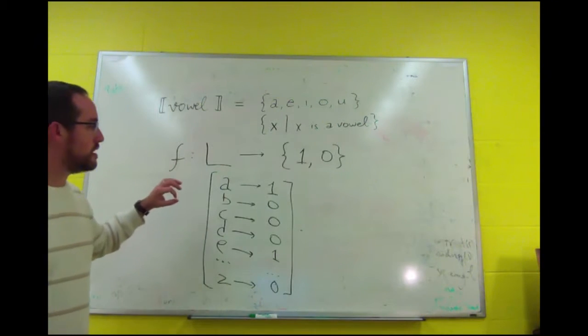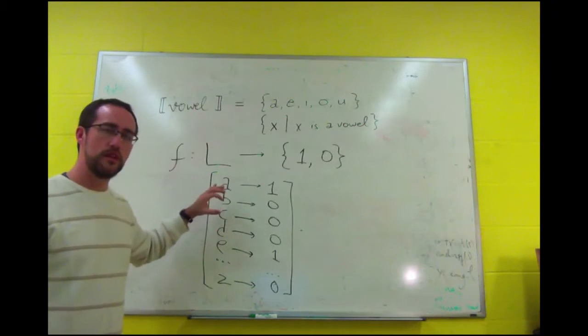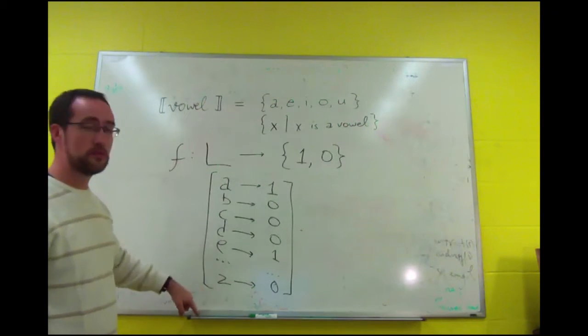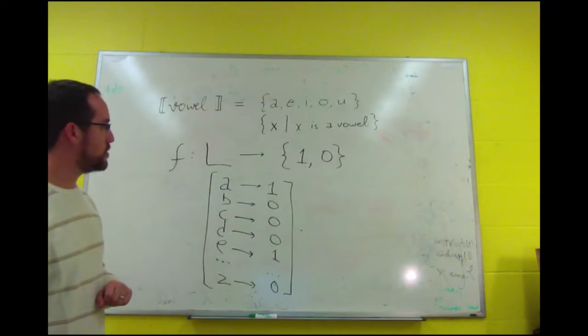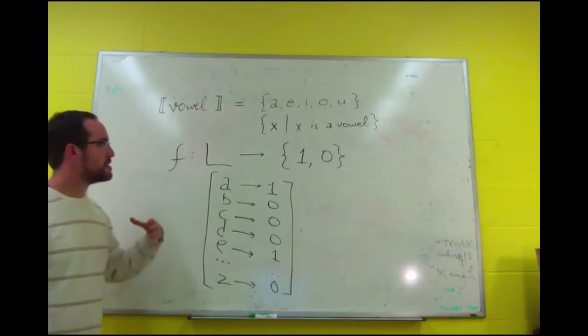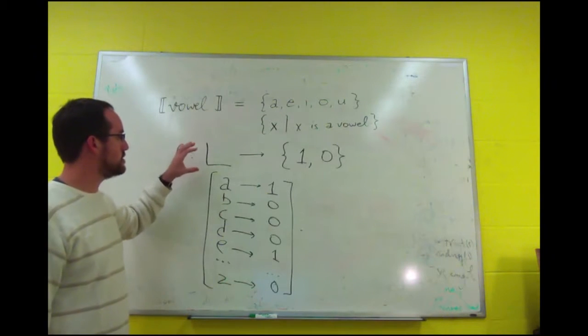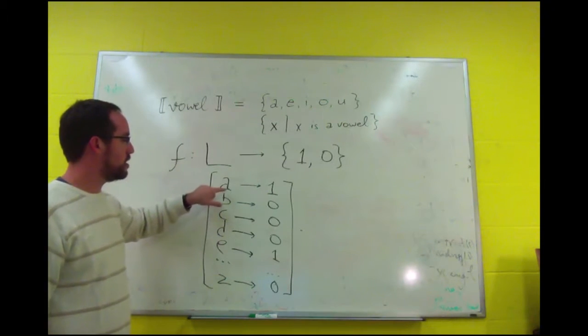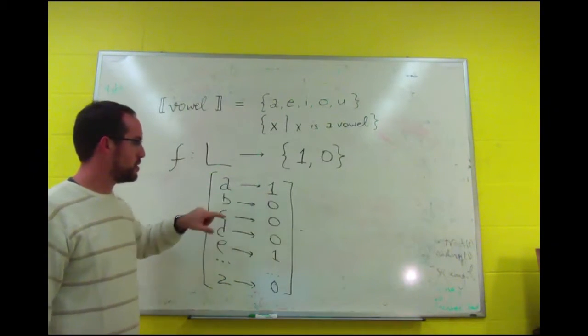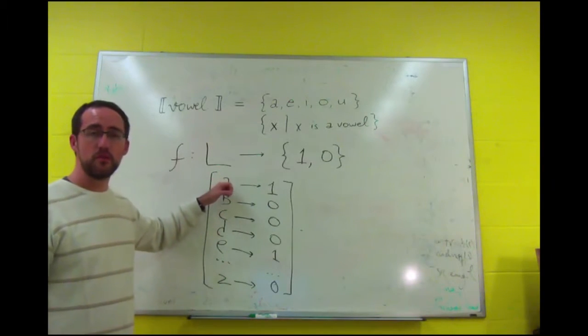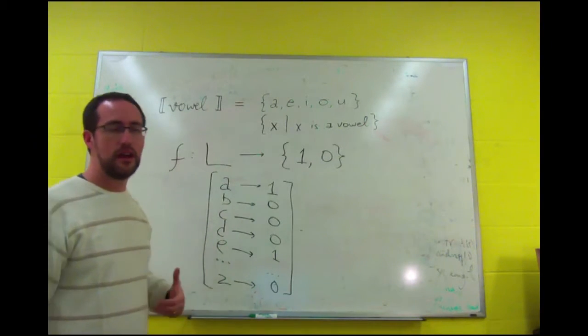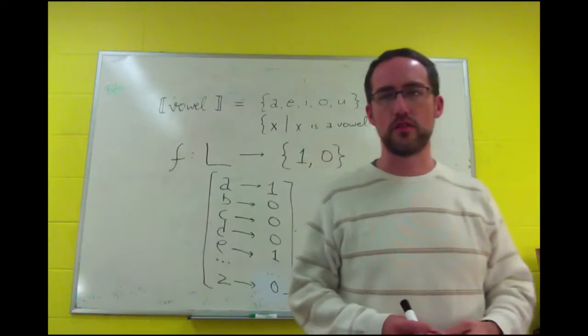So, in essence, what you end up with, if you go down through the whole alphabet, is the set of ordered pairs where some of them map to 1, some map to 0, and the ones that map to 1 are the vowels. And that's how you get a characteristic function to work.